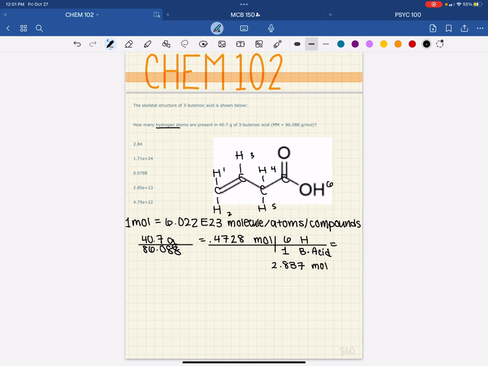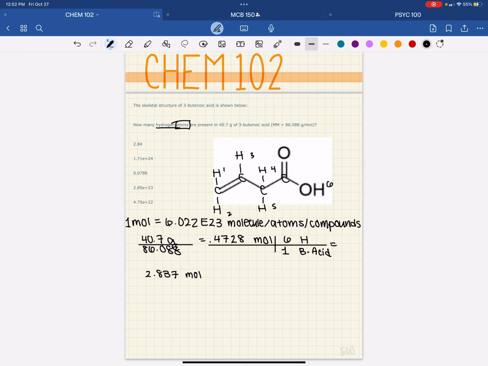However, this is asking for atoms. So I need to multiply by Avogadro's number to get the atoms of hydrogen. So I'm going to multiply by, oh my goodness, I cannot speak today.